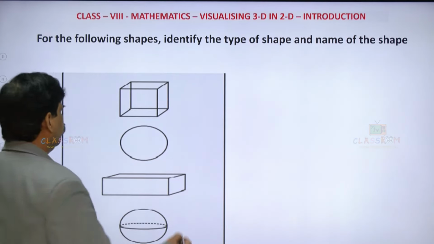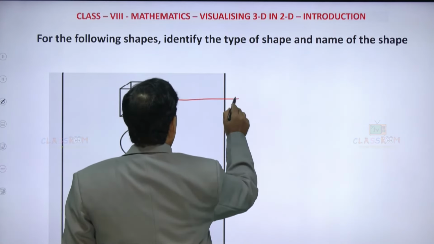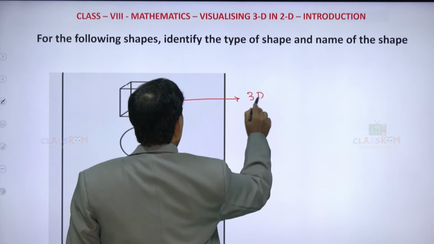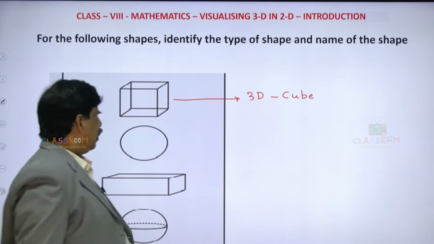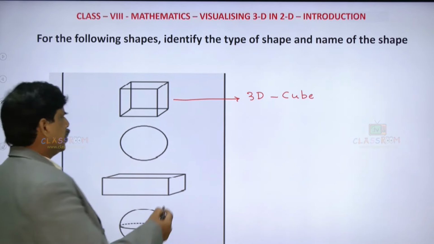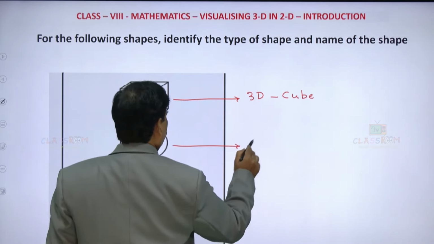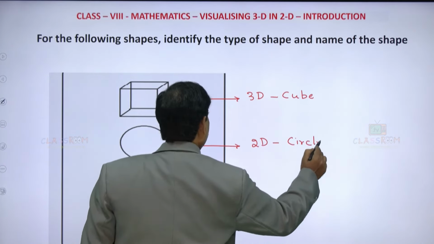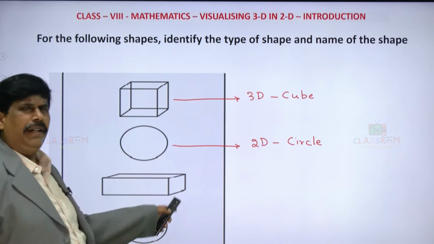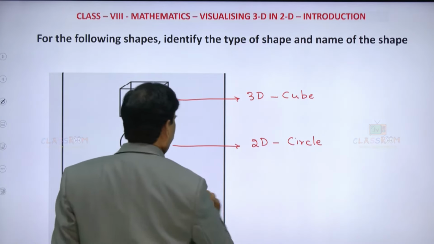So this is a cube here. We know a cube is a three-dimensional figure. And what we are seeing here is circle. A circle is two-dimensional. And here we are seeing a cuboid.